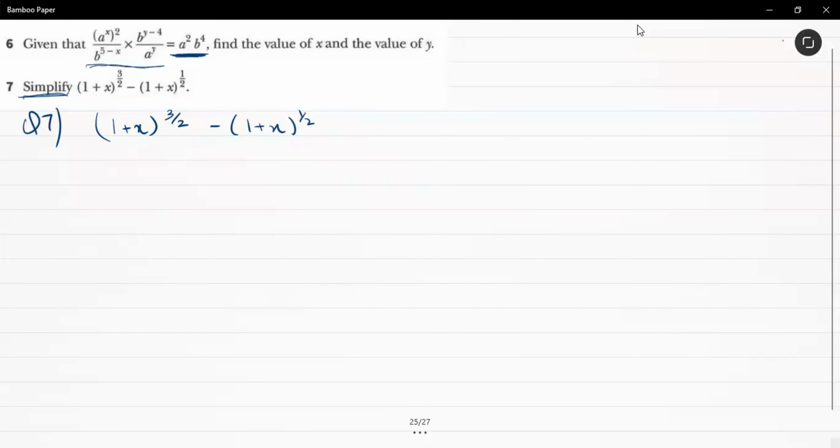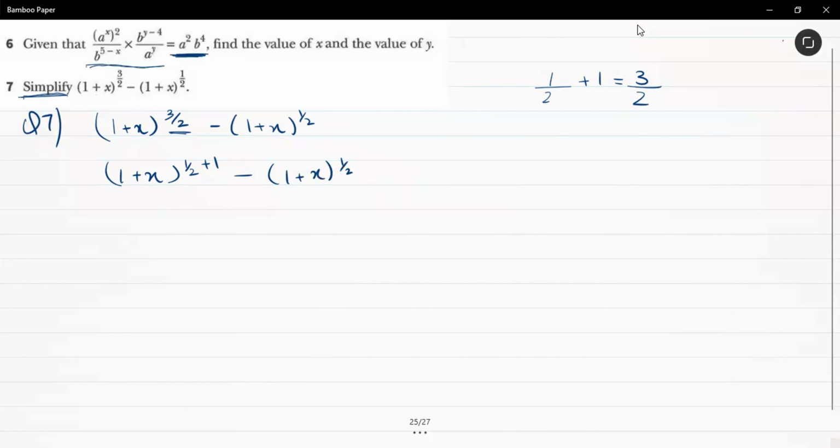Without a calculator, you have to understand how things work. We know that 1 over 2 plus 1 gives us 3 over 2. So we can write 3 over 2 as (1 plus x) to the power 1 over 2 plus 1, minus (1 plus x) to the power 1 over 2.